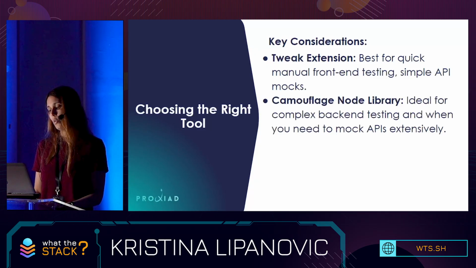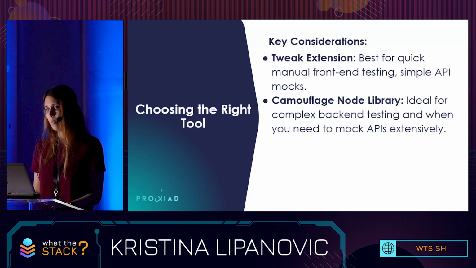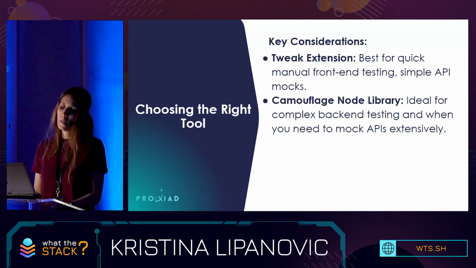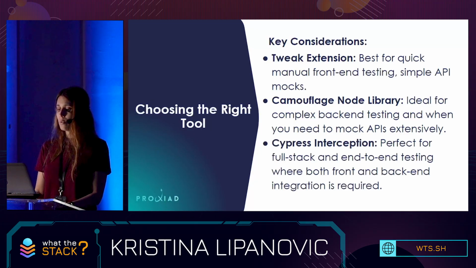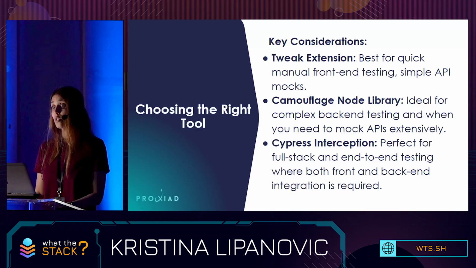If you want to do complex backend testing and you need to mock the APIs extensively, then Camouflage is your best bet. And Cypress interception is perfect for automated tests for full stack and end-to-end testing, where both front-end and backend integration is required. And yeah, as mentioned previously, focus on automation and integration.